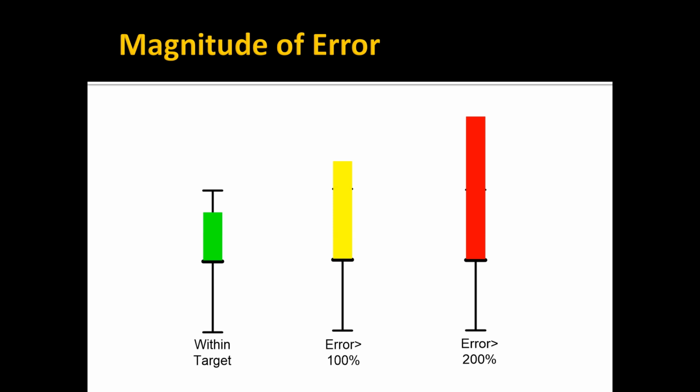And if you have more than 200% error, it's shown in red. So as you look at these displayed on your map of your groundwater model, and you look at the greens and the yellows and the reds, you can get a really quick, intuitive feel for how your calibration error is spatially distributed. These are really useful tools as you calibrate a model.